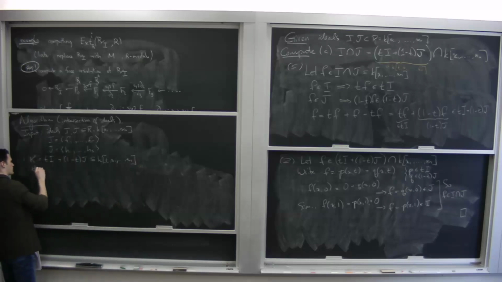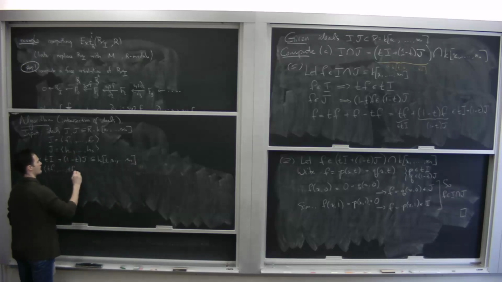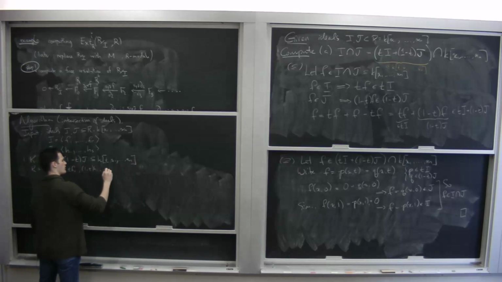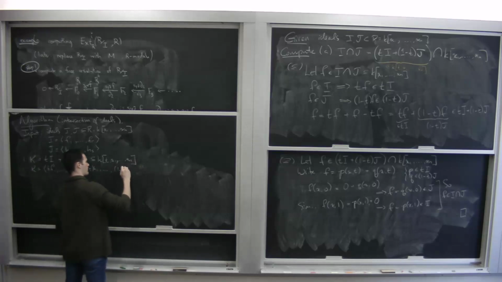And K is generated by t times F1 up to t times FR, and (1 minus t) times H1 up to (1 minus t) times HS.